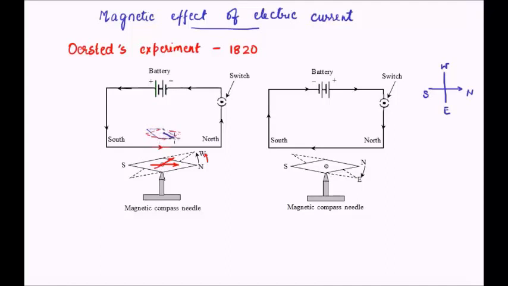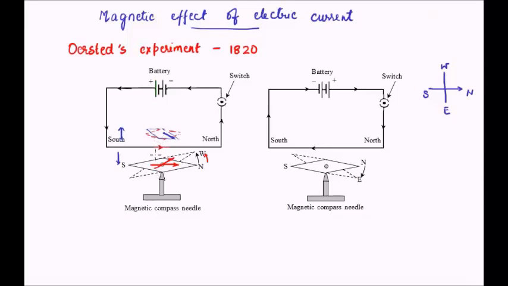So now the direction of movement of the magnetic needle changed from the initial case where it was below. This brought to the conclusion that the direction of magnetic field generated by the wire is opposite at the bottom and above the wire. So the direction of magnetic field is opposite if we place it below the wire than if we place it above the wire.